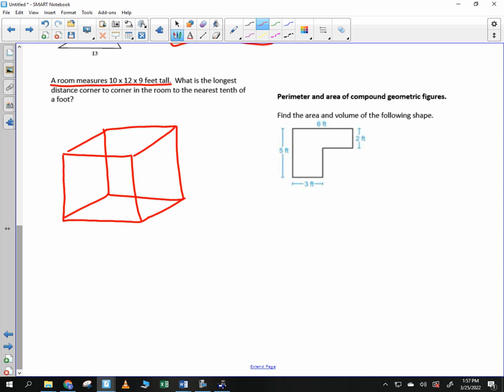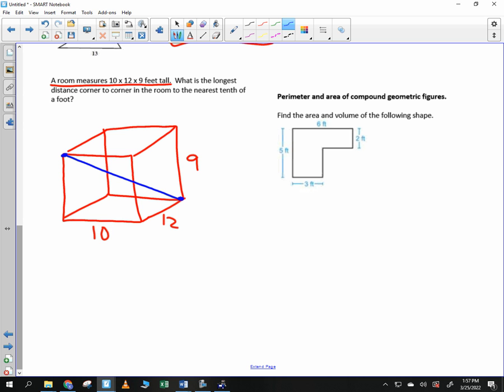All right, here we go. You got a room. The room measures 10 by 12 by 9. The question is, what is the longest distance corner to corner in the room to the nearest tenth of a foot? If you take a corner to a corner, this is the distance that we want.